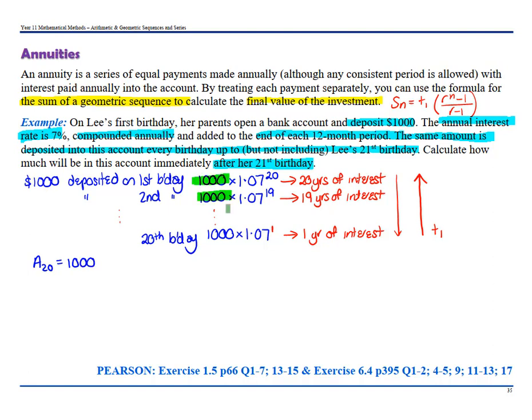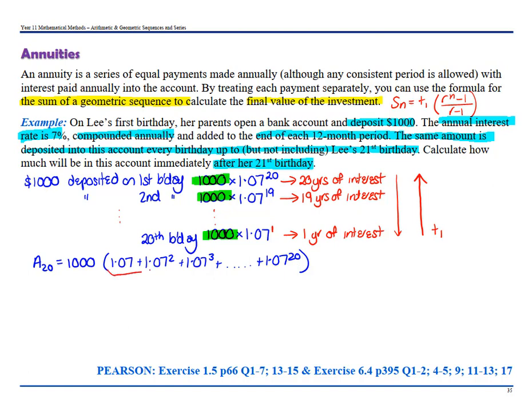So we've got that 1,000 times by 1.07 plus 1.07 squared plus 1.07 cubed plus all the way up to 1.07 to the power of 20.